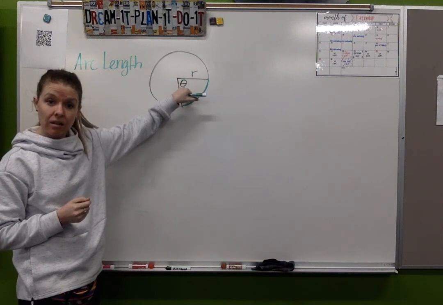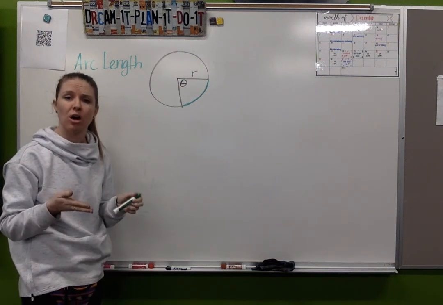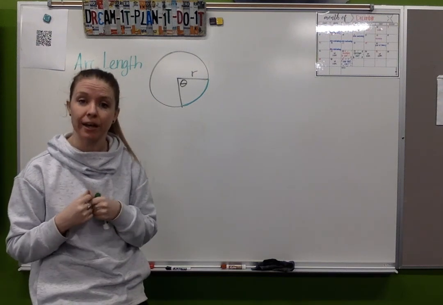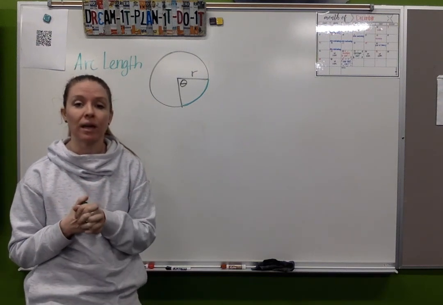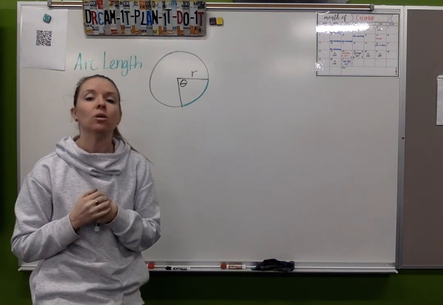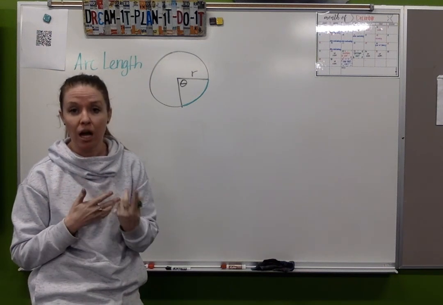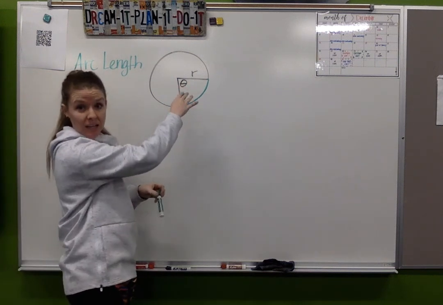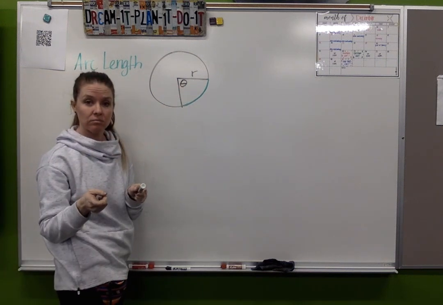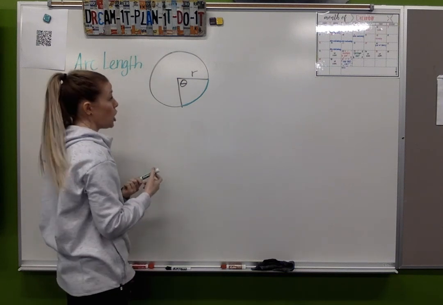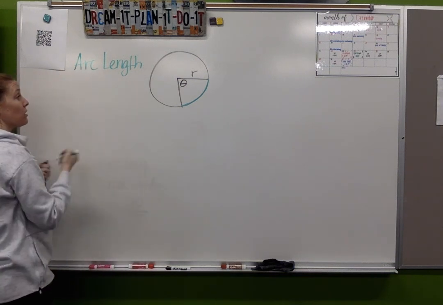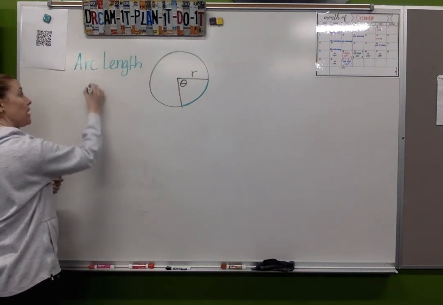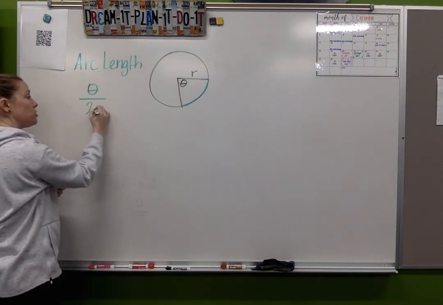Our theta is just a variable, similar to x and y. Theta is just a Greek letter, and typically when we're dealing with trig or angles, we use Greek letters to notate those unknowns. Our theta is going to be in radians. Okay, so to find the arc length, we're going to take our theta over 2 pi.